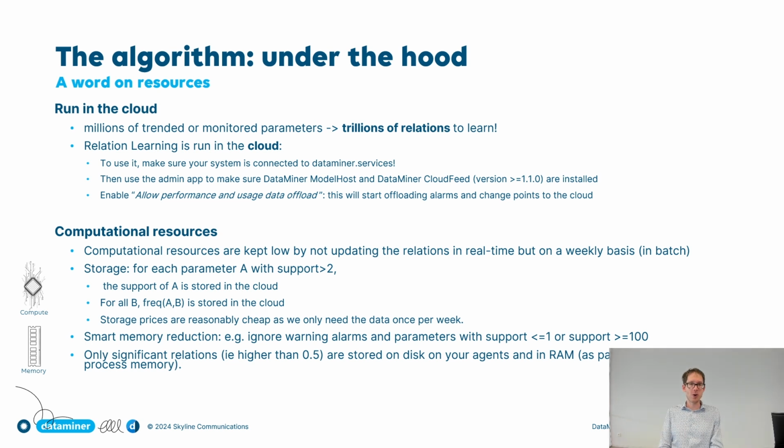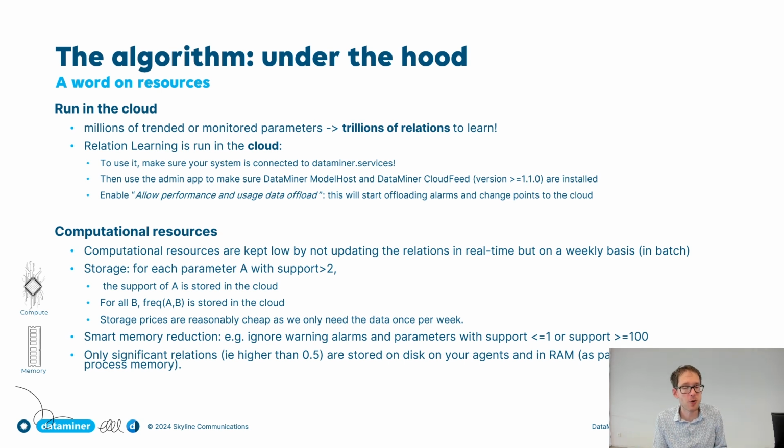What about storage? Well, for every parameter, we need the support in memory. So this is something that we store in the cloud. For each parameter A, we also need to know how many of its alarms coincided with alarms on B, C, D, E, and so forth.